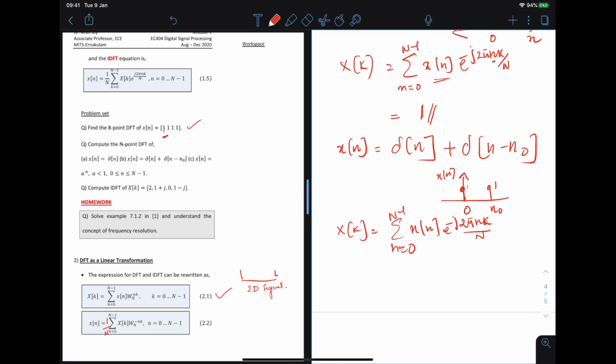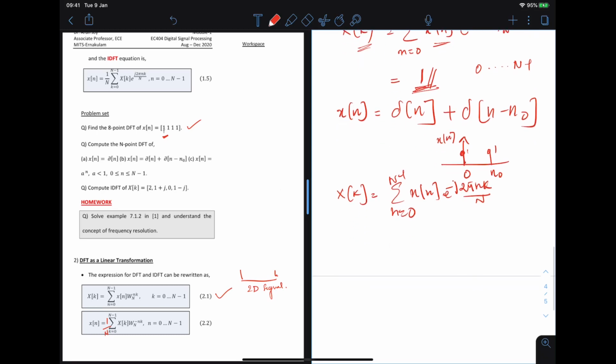In our previous question, we saw this to be equal to 1. When you plot it, it's not just 1; for k equal to 0 to N minus 1, the value is equal to 1. Similarly, here, how will it look?